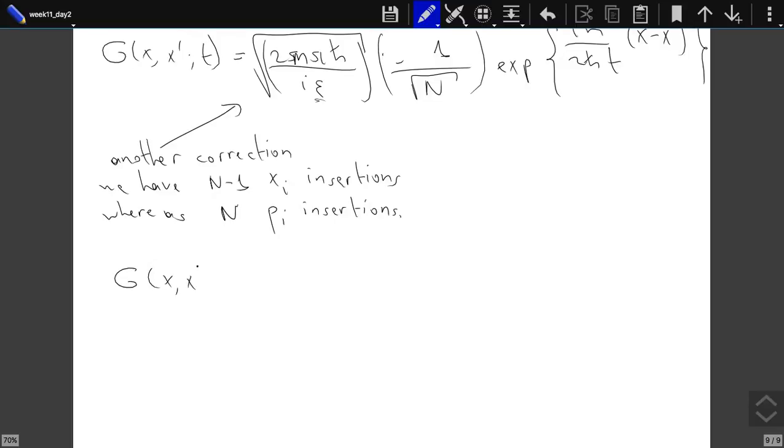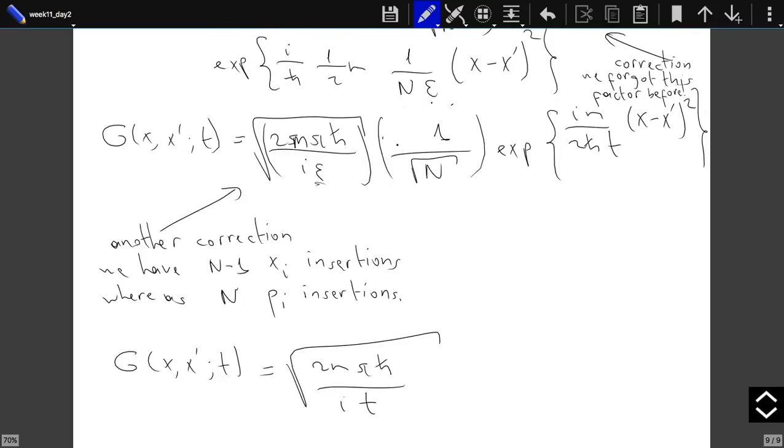X prime t. This is equal to square root of 2m pi h bar over I times t, because epsilon times n is t, times exponential I m over 2h bar t x minus x prime squared.